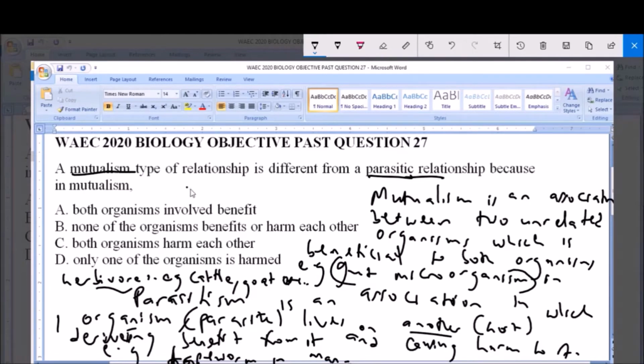So a mutualism is different from parasitism, because in mutualism the relationship is beneficial to both organisms. So both organisms benefit from the relationship. Meanwhile, in parasitism, one organism benefits at the detriment of the other organism. So option A, both organisms involved benefit, is why mutualism is different from parasitism.